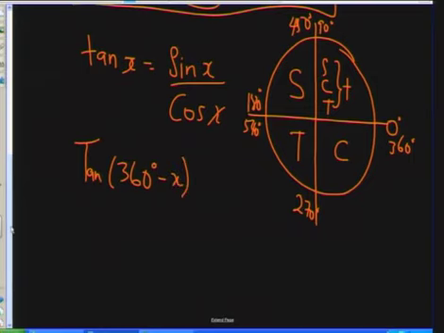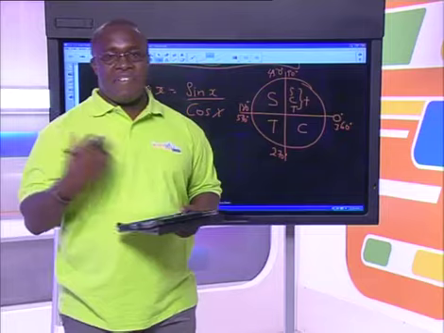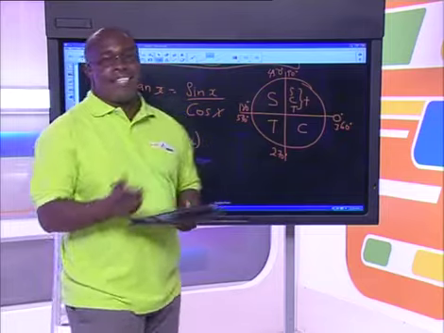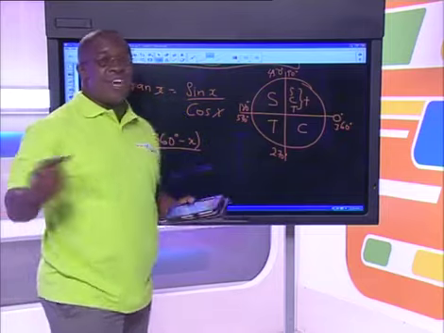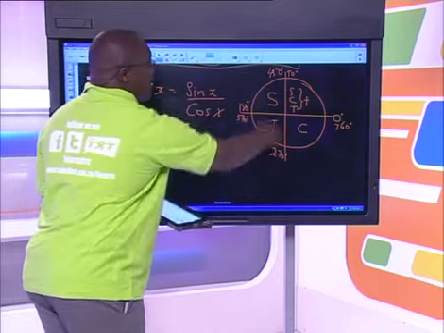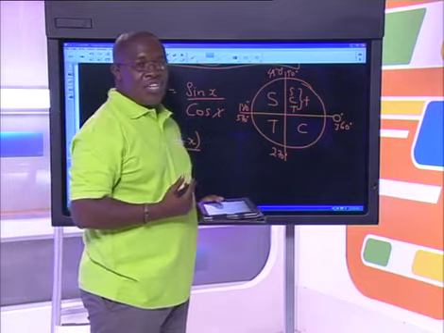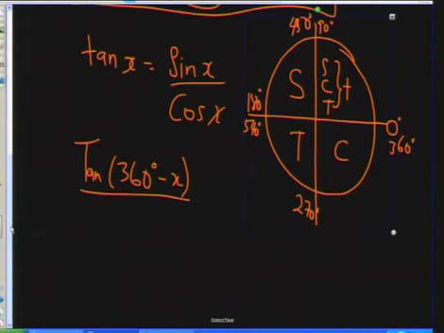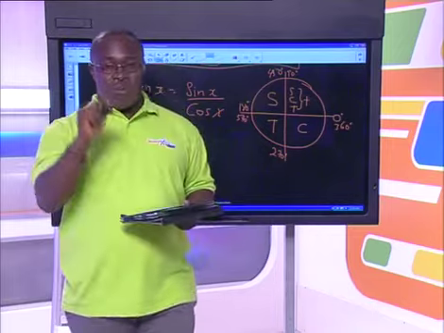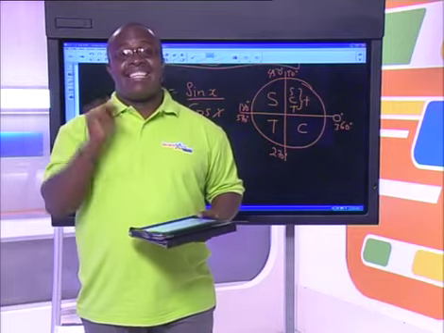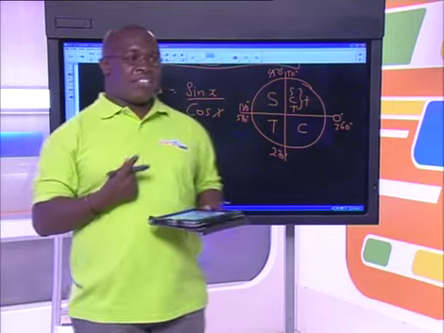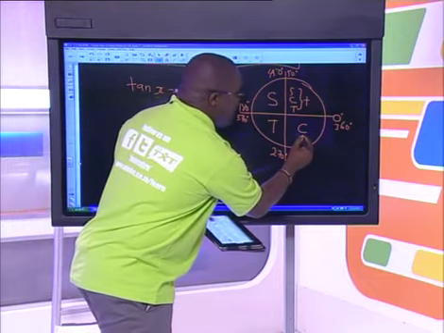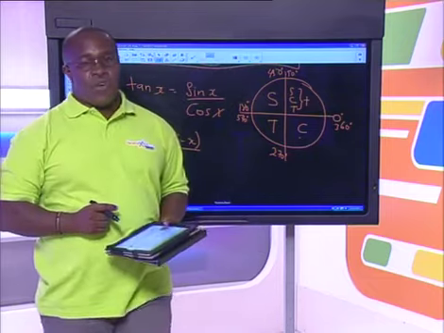In which quadrant do we get this expression? Let's go back to our circle illustrating the quadrants. 360 is here. If you subtract, you'll be going in the clockwise direction. If you subtract x, working on the assumption that x is not more than 90 degrees, it will lie in the fourth quadrant.